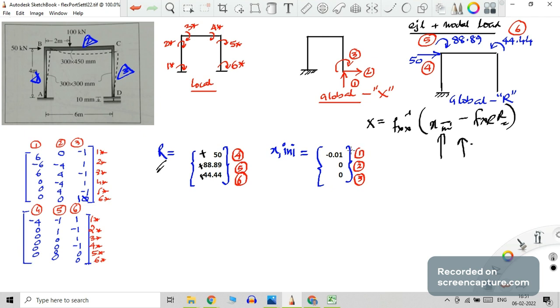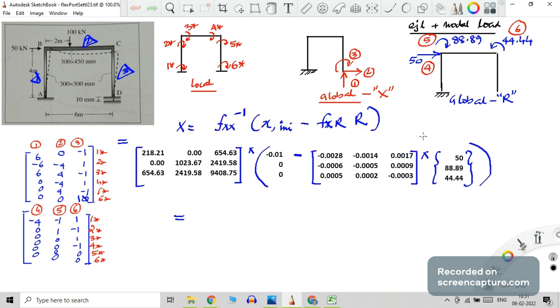Coordinate 1 is upward, but settlement is downwards. So minus 0.01, that is 10 by 1000 in proper units. So meter is the unit. 0, 0, because there is no settlement for 2 and 3. So minus 0.01, 0, 0. Once you make all these things, then you target this equation and solve. That's all.